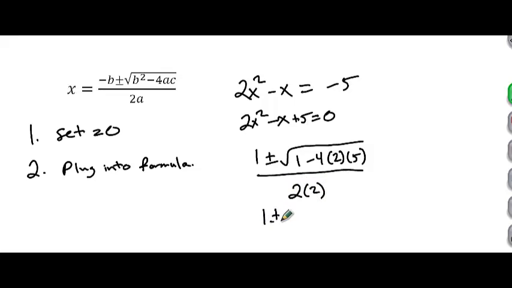So 1 plus or minus the square root of 1 minus, that's 8 times 5, 40, over 4. So we plug into our formula.